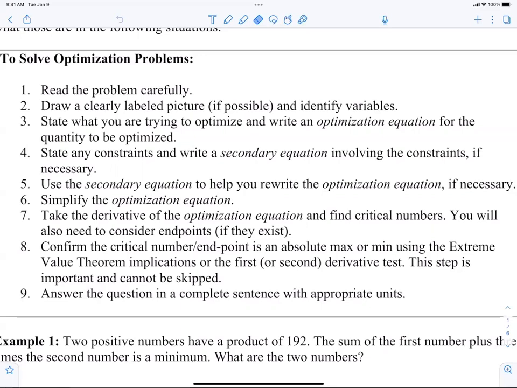I also suggest stating the domain of your optimization equation. It's really nice whenever you are able to define your optimization equation on a closed interval, knowing that your optimization equation is continuous, because what would apply if your function is continuous and defined on a closed interval?